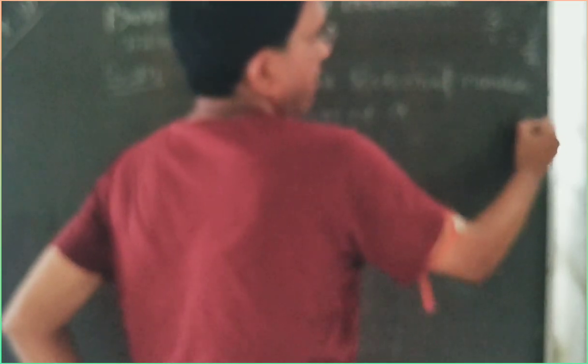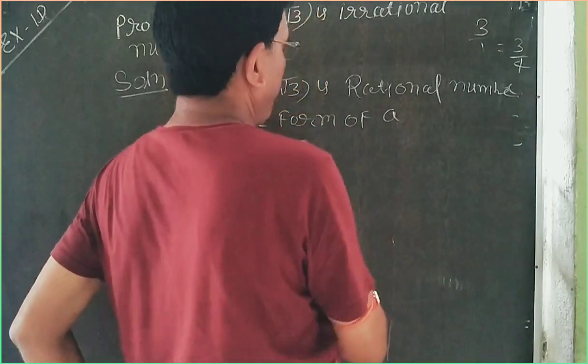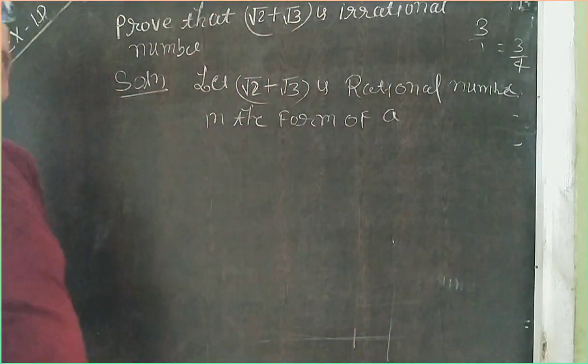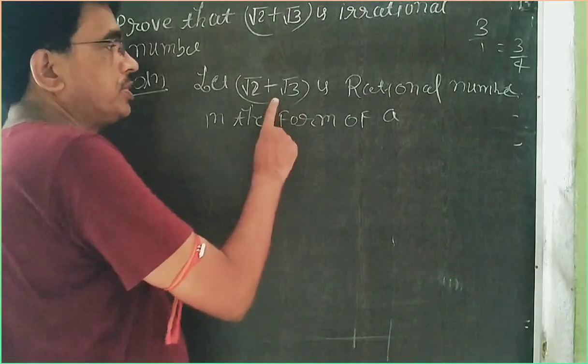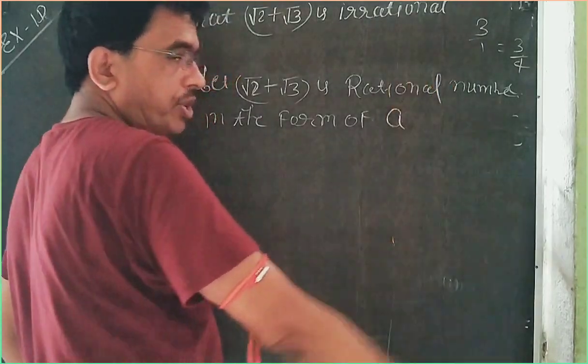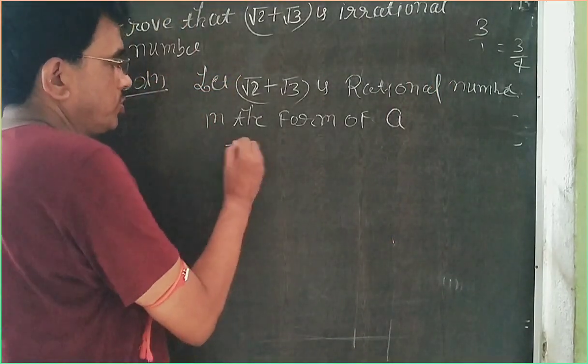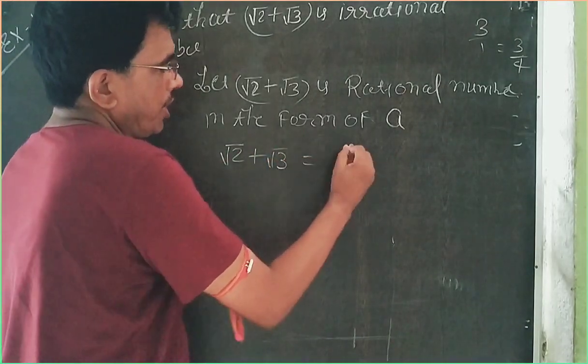Similarly a by b is rational, but a is also rational. So when two numbers are given, both roots, then you suppose the sum is rational in the form of only a, not a by b. So you write root 2 plus root 3 is equal to a.